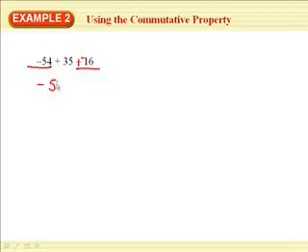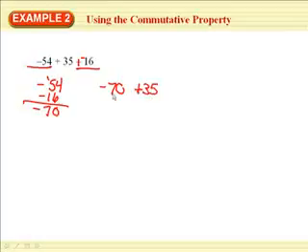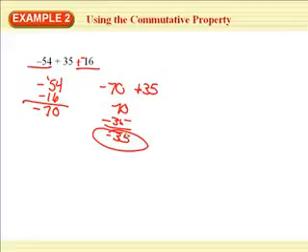It doesn't matter what order you add in. So negative 54 plus negative 16 is negative 70 plus 35. So remember, when the signs are opposite when we're adding, you subtract. So 70 minus 35 is 35. There are more negatives than positives, so the answer is negative 35.